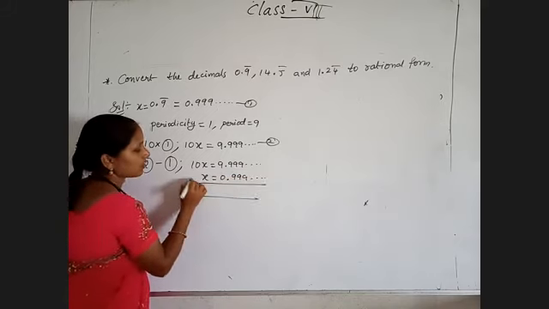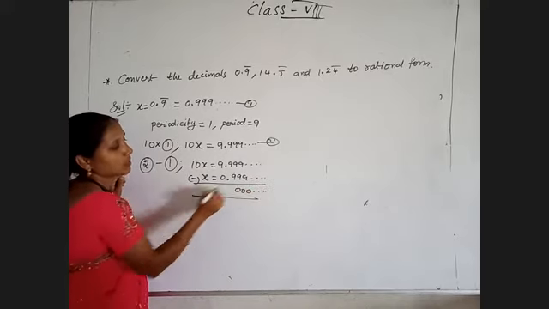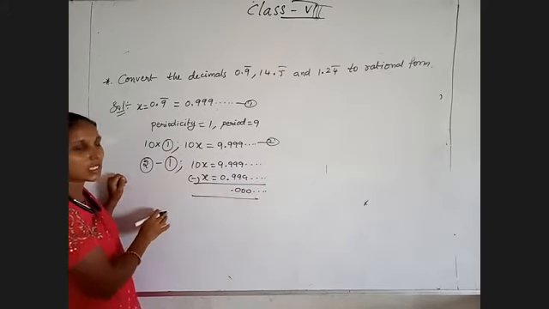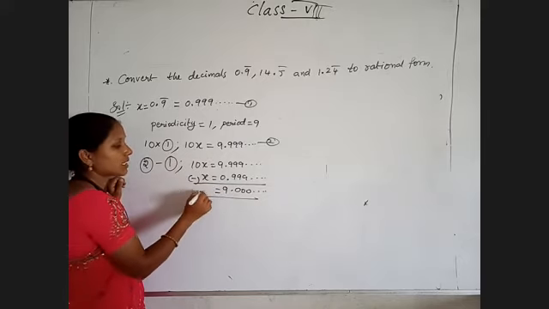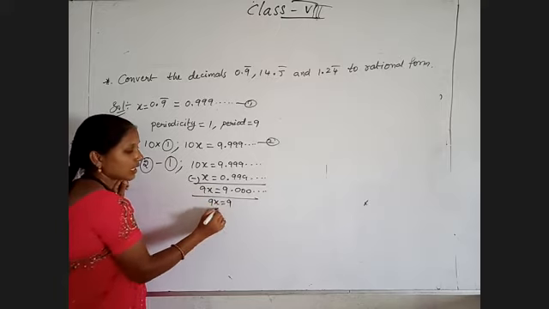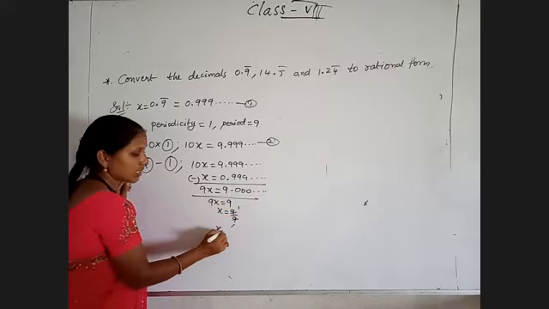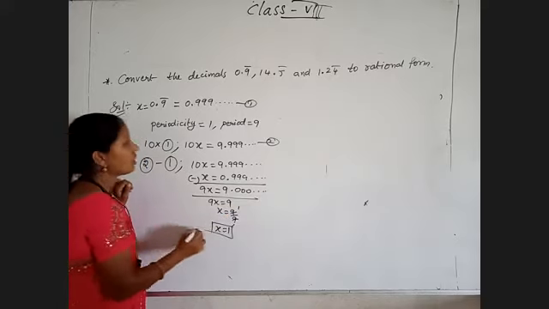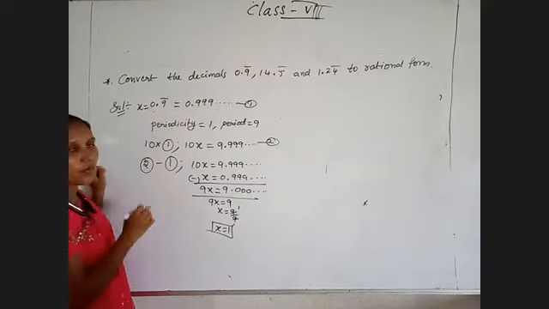Now do the subtraction, subtract the first equation from the second. 10x is 9.999 and so on, and x is 0.999. All the decimal places become zeros, and 9 minus 0 is 9. So 10x minus x is 9, 9x is equal to 9, then x is 9 by 9, the 9s cancel, so x is equal to 1. So 0.9 bar is equal to 1.